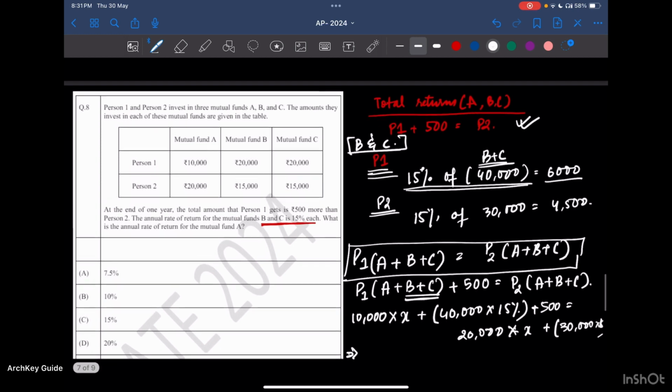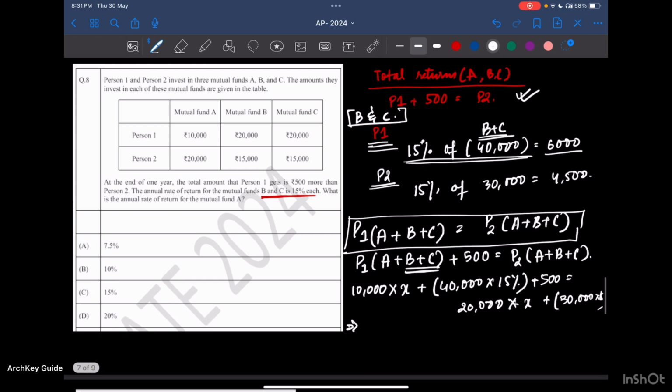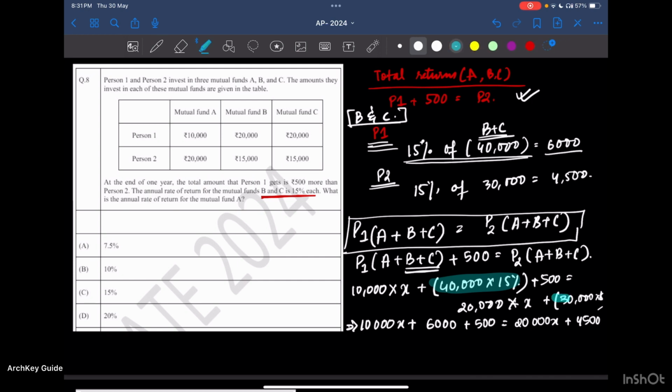So this 10,000 X plus this whole we have already gotten, it's 6,000 plus 500 equals 20,000 X plus 4,500. How? This is this.